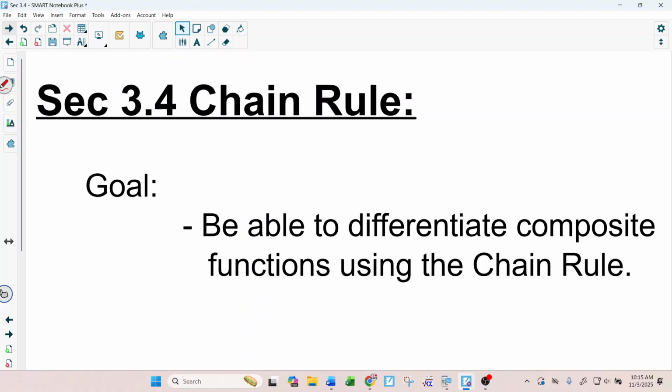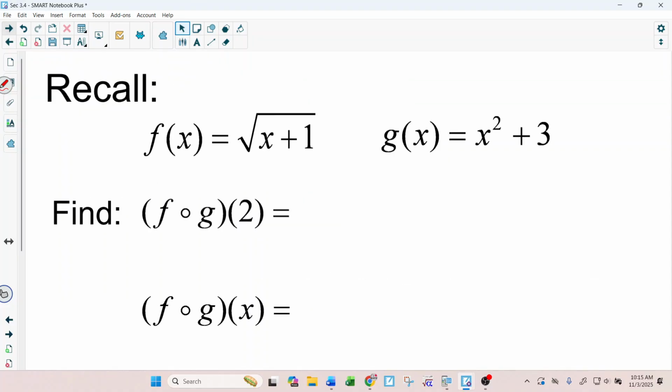So when we think of functions, one of the things we talked about was the composition of functions, which is how to put one function inside of another.